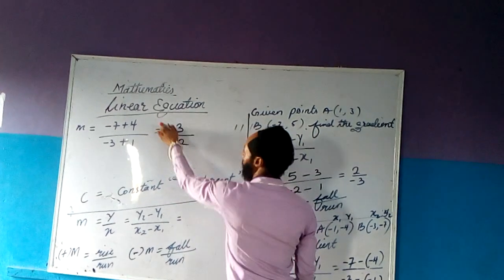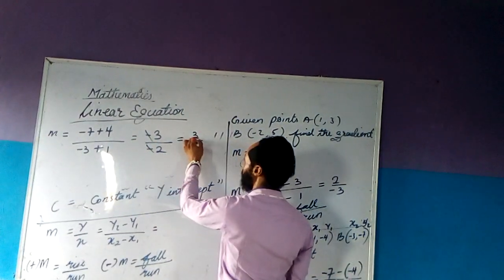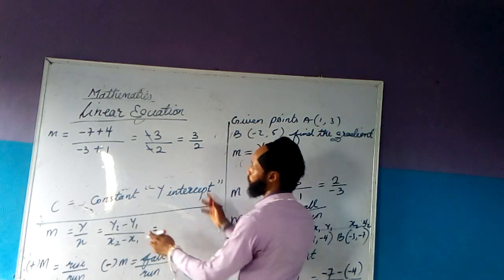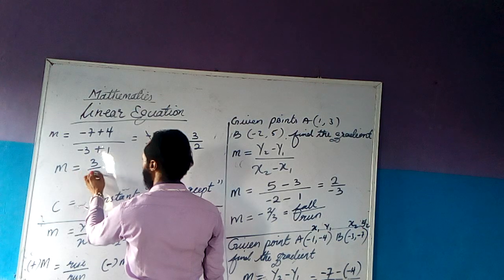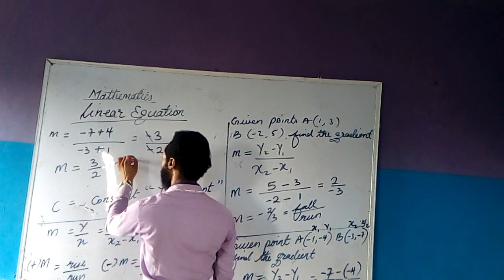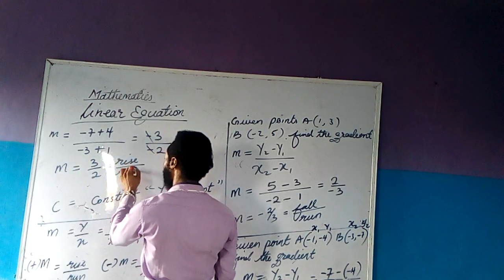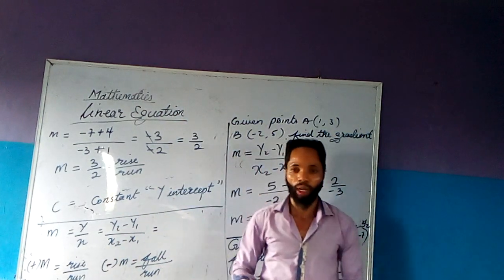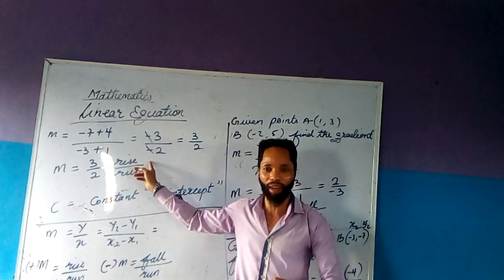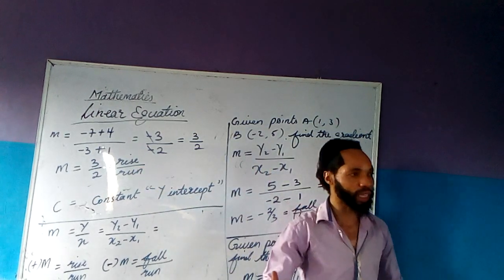If these two negatives cancel out, we are left with 3 over 2. This is a positive slope. Hence, our slope 3 over 2 is rise over run. We're going to rise 3 and run 2. This will take effect when we start graphing.